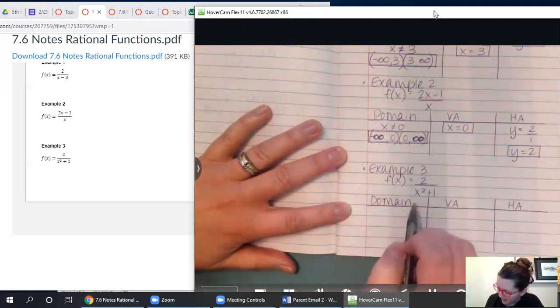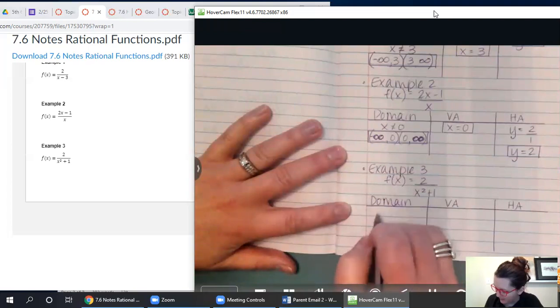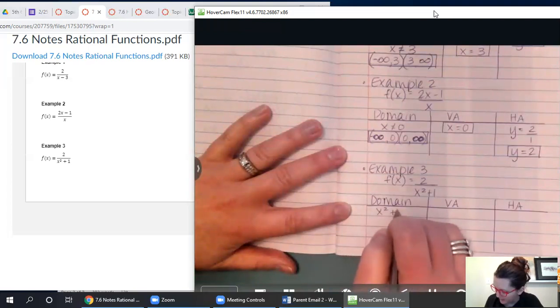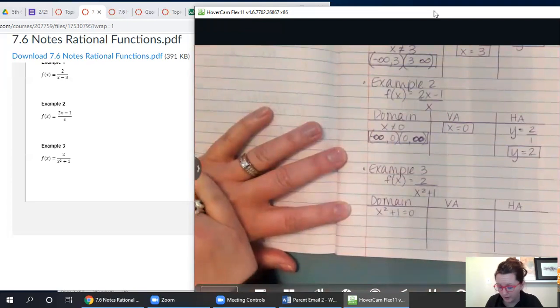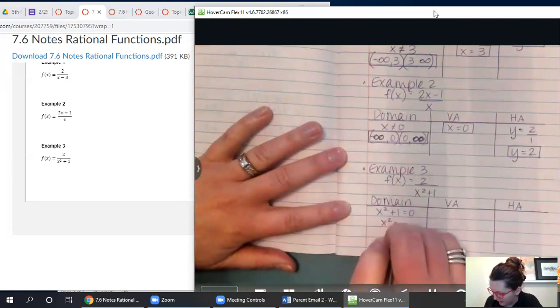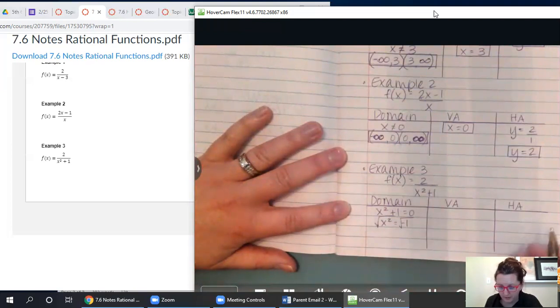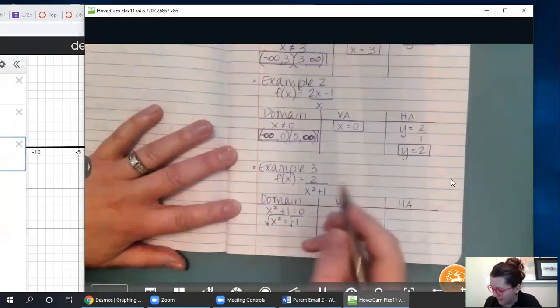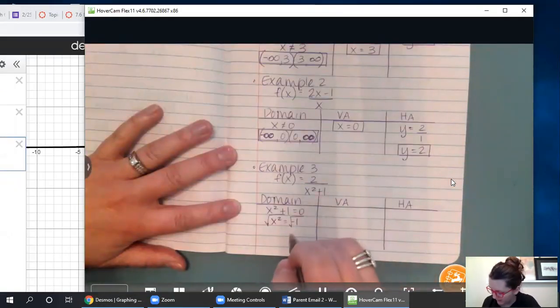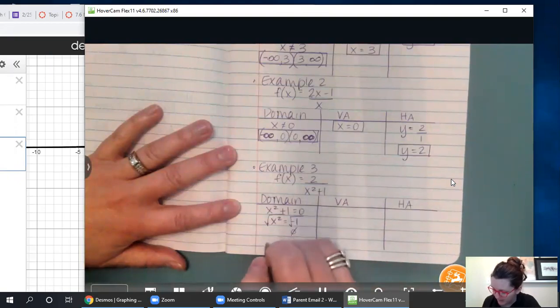Okay, so my domain: I have x squared plus 1. I'm setting it equal to 0. So x squared equals negative 1. No real solution. So if I have no real solution, that means that it's all real numbers for domain.